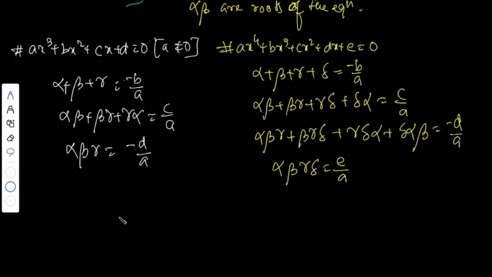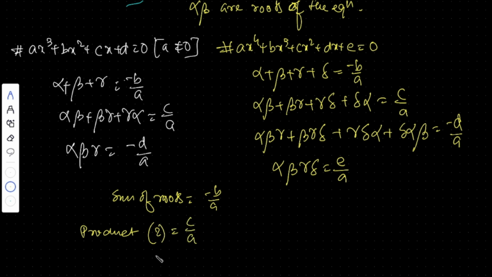It extends from b now. The sum of roots always starts with minus b by a. Then product of roots taken 2 at a time goes to c by a. Product of roots taken 3 at a time becomes minus d by a.